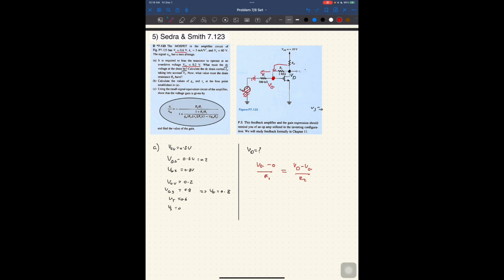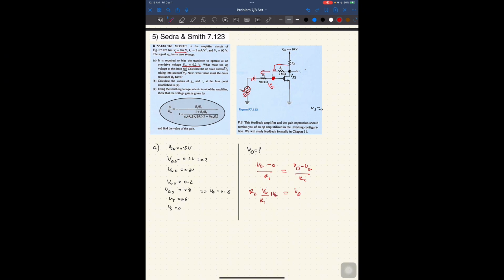And I'm trying to solve for VD such that VD is equal to R2 VG over R1 plus VG.